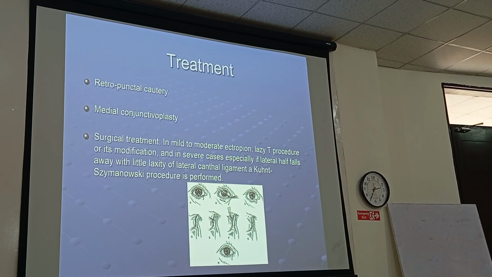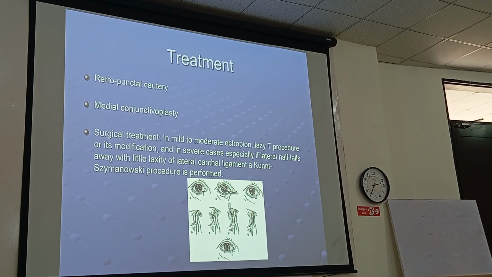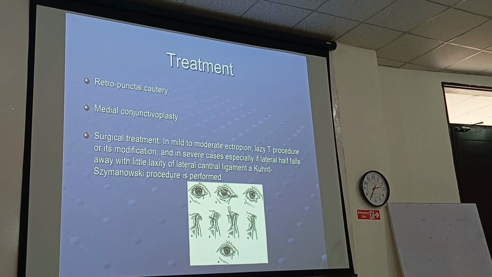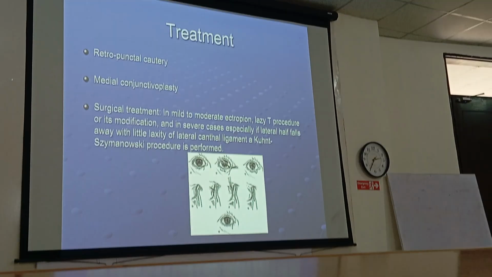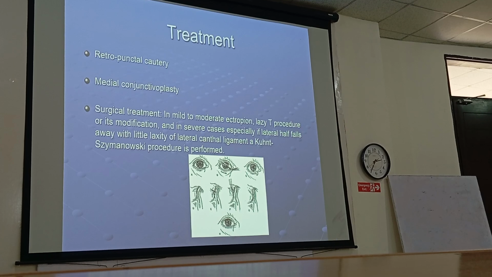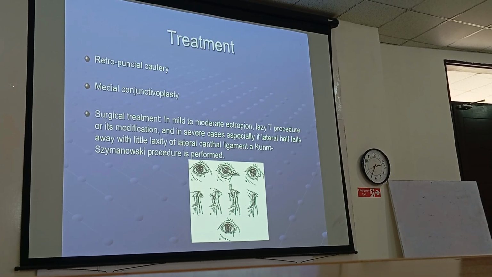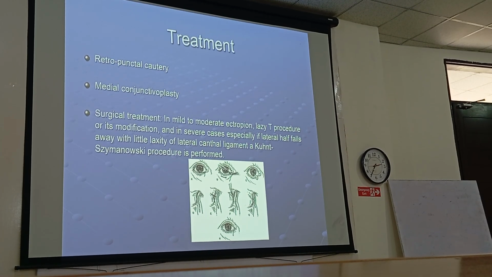Medial conjunctivoplasty, that is cutting a part of the conjunctiva and then we stitch the remaining conjunctiva, again contracts the eyelid back towards its position as near as possible.